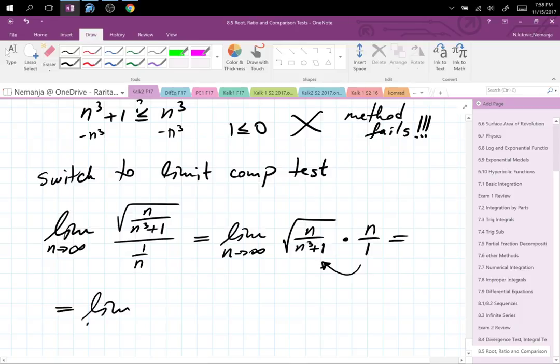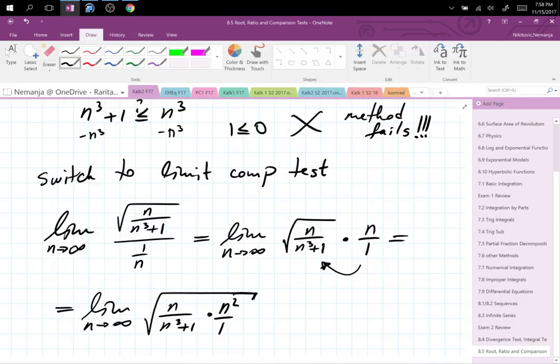So the limit as n goes to infinity: we have n over n cubed plus 1 times n squared over 1. When it goes under the square root, it picks up the square. You see that if you take it out of the square root, it will become n over 1.